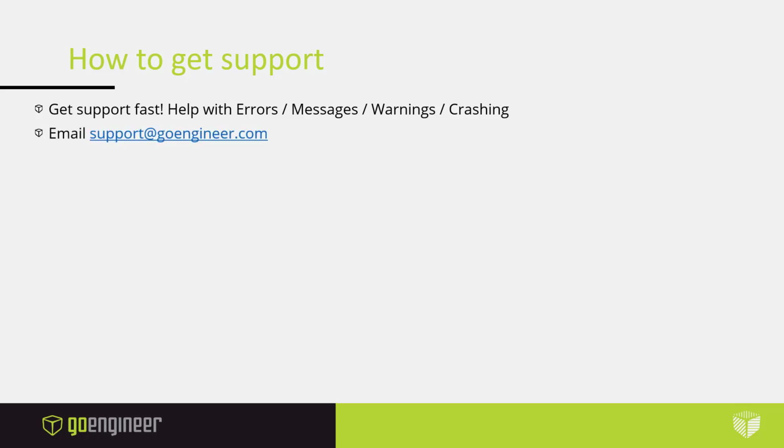So if you need to send us some files, maybe some installation logs, something failed, you can send those over to support@goengineer.com, and we'll get a new case started and get someone on that pretty quickly for you. That's the best resource for us, to get all the files that you send to us, so that we can start reviewing that case immediately.